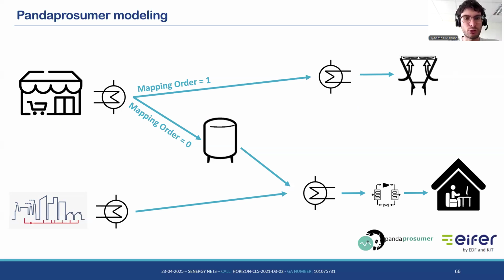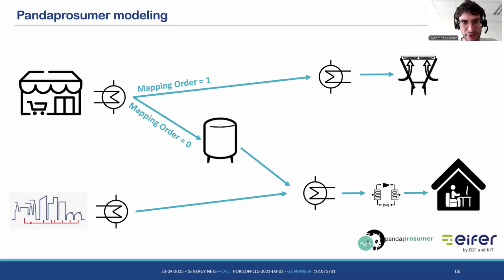For this, I will use the mapping orders that we define in pandaprosumer. So I use a mapping order of 0 that goes to the storage and a higher mapping order of 1 that goes to the dry cooler, to define that this one does not have the priority and will be used only if there is some extra heat produced by the commercial center.